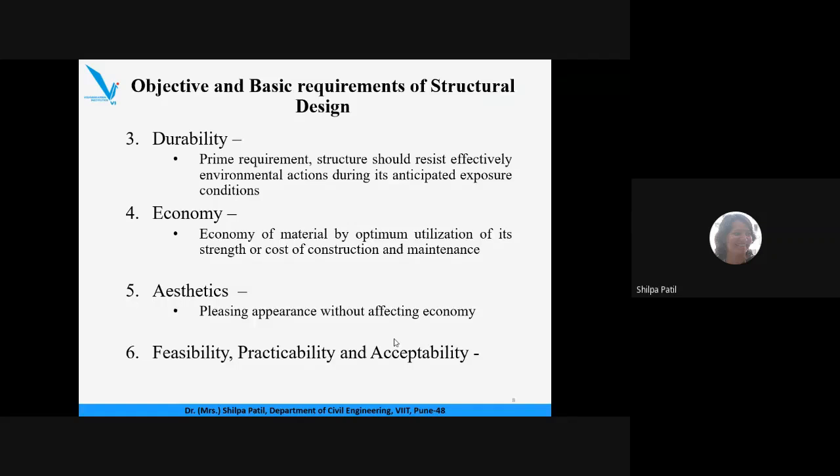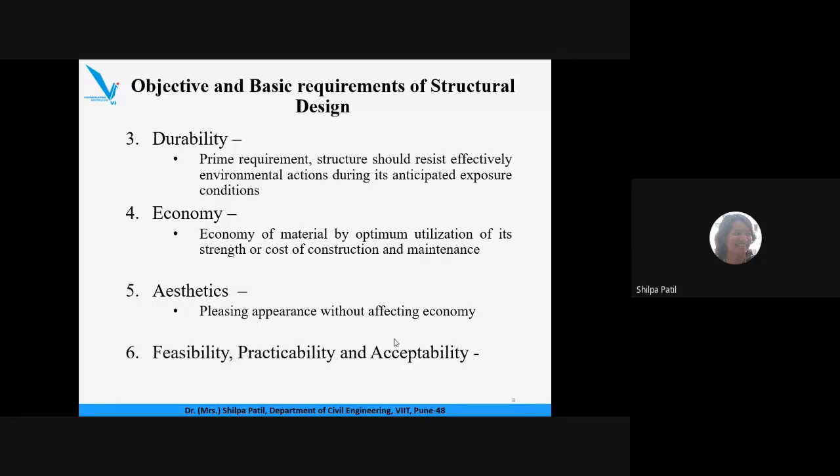If I have a sufficient amount of money, I can use the best quality material in my structure to make my entire structure strong and durable. So all these parameters are directly linked with money, economy.